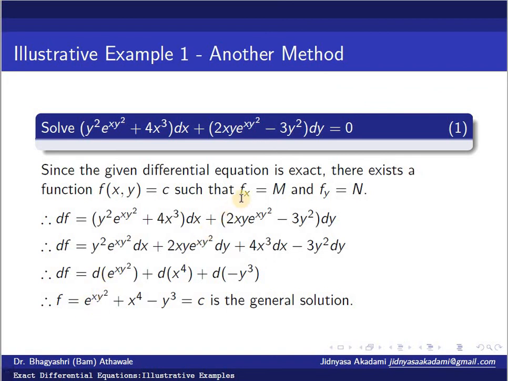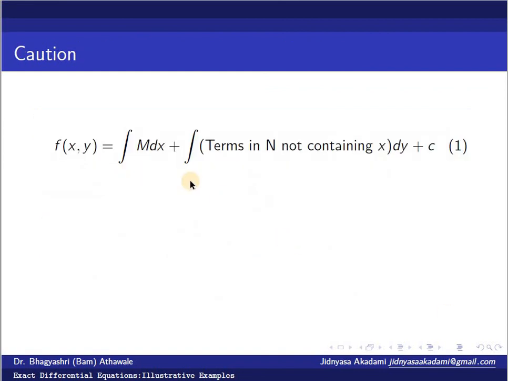So, any term in n containing x, we can omit, because we have already considered it through m. We have already got that integration through m. So we feel that the formula works, and the formula is integration of m dx plus the terms in n not containing x, integrated with respect to y, plus c.